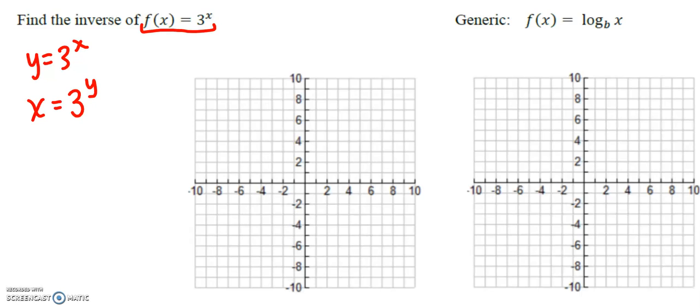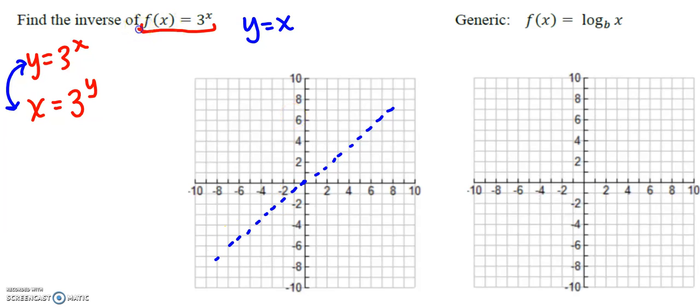So instead, for right now, I'm going to rely on my other concept of an inverse, which is the reflection over the line y equals x, because in this step right here, what we just did is we replaced our x's with y's and our y's with x's. So we were doing something about this line y equals x.